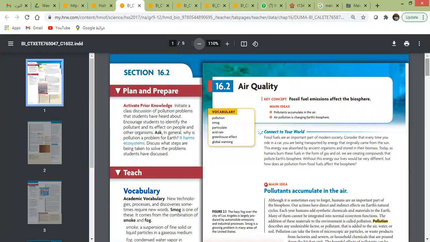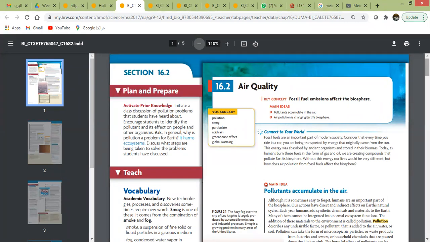Now we said that as human beings, we can affect the ecosystem or the environment where we live, or the whole world, directly and indirectly, by using different materials.